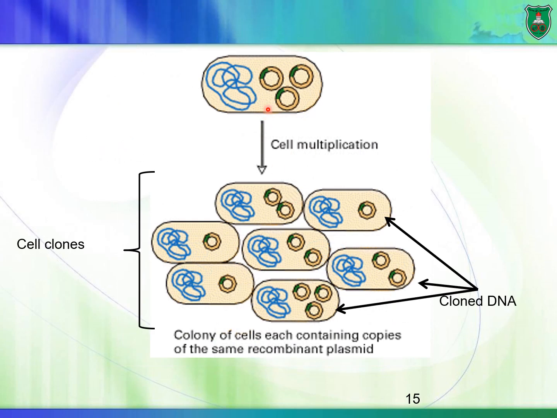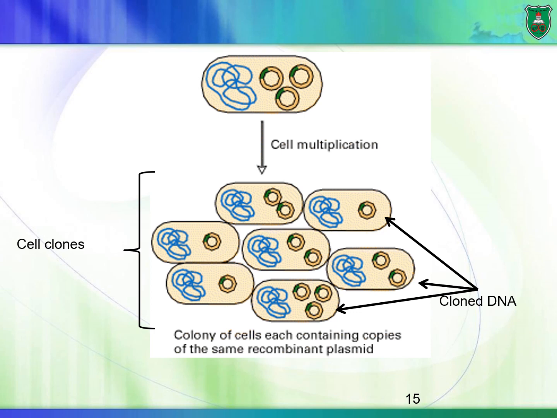Eventually, these cells would grow. They not only amplify their own chromosome, of course, because they grow, they can also make multiple copies of the same plasmid. Bacterial cells would have at least one plasmid, and they can have multiple plasmids as well.